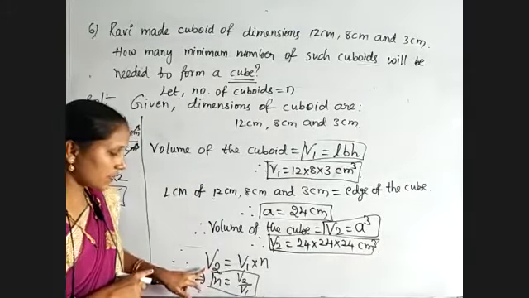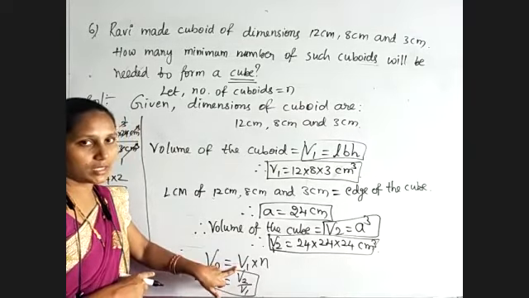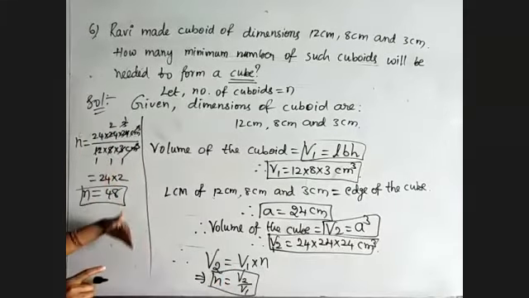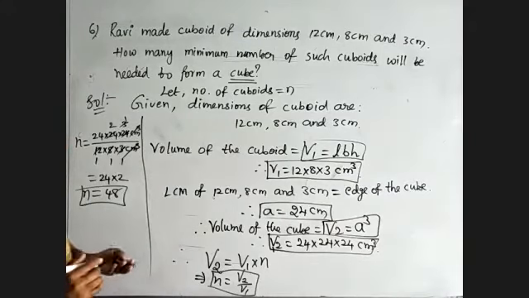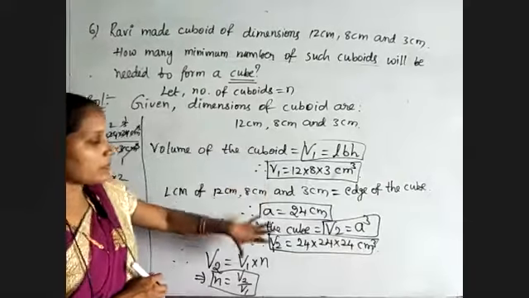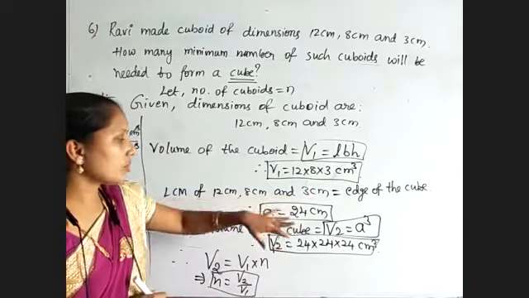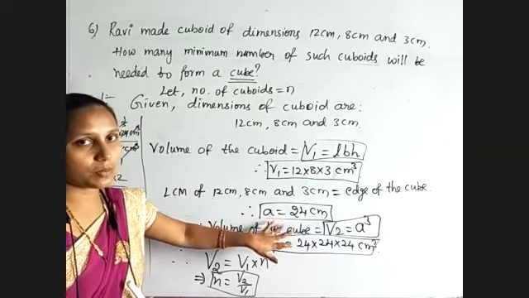That's why we got the volume of the cube is equal to N into the volume of the cuboid. Then you will get the number of cuboids required to form a cube. And why are we taking the LCM of these numbers? Because we need to find the minimum length of the edge of the cube. So by taking the LCM, we will get the edge of the cube. That's all.